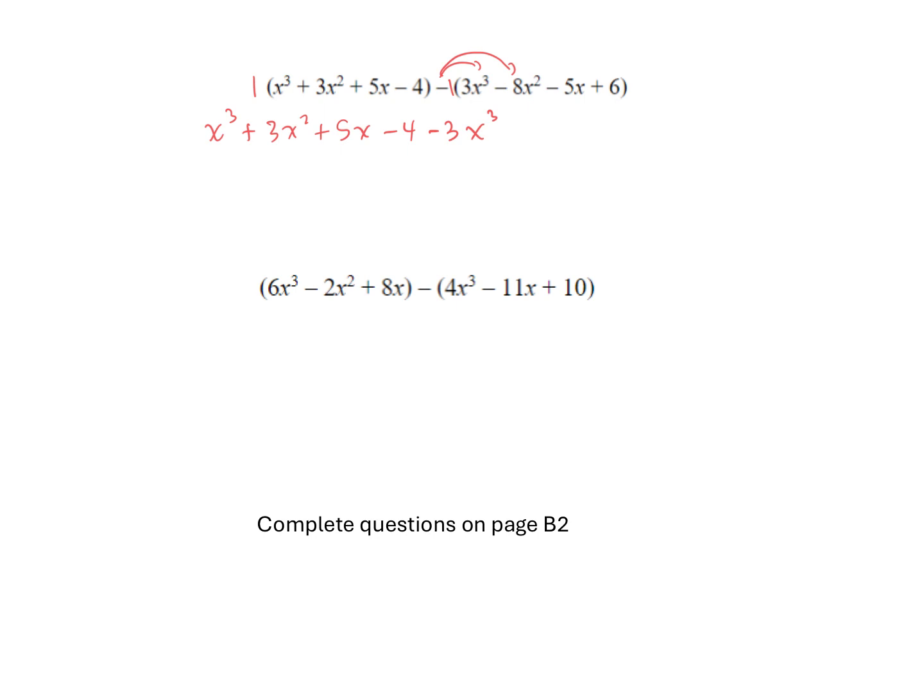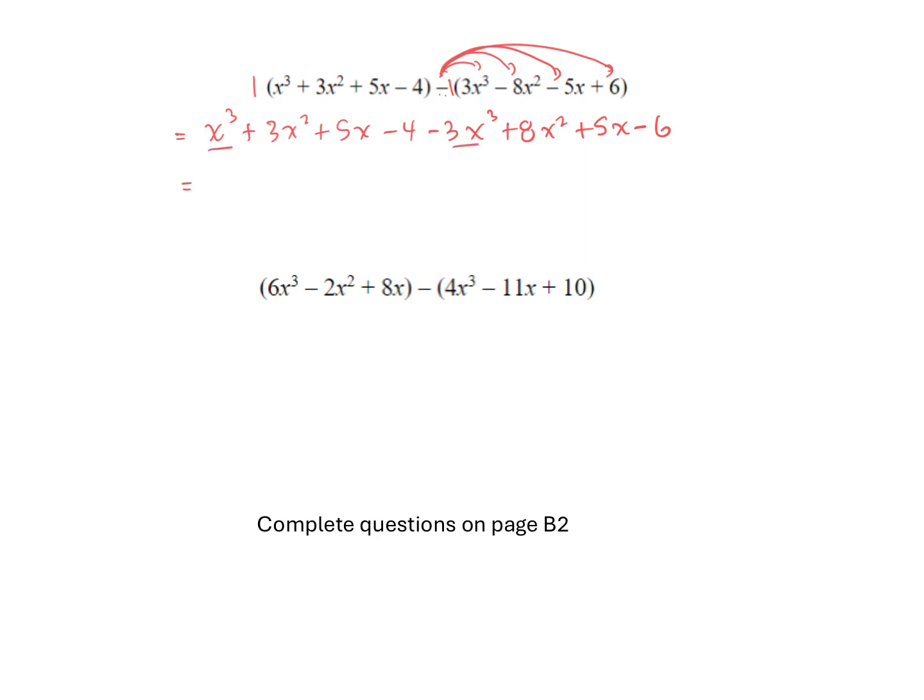I've got a negative 1 times a negative 8 is a positive 8x squared. I've got a negative 1 times a negative 5 is a positive 5x. And then I've got a negative 1 times a positive 6 is a negative 6. So just be careful of those signs. They're going to change.